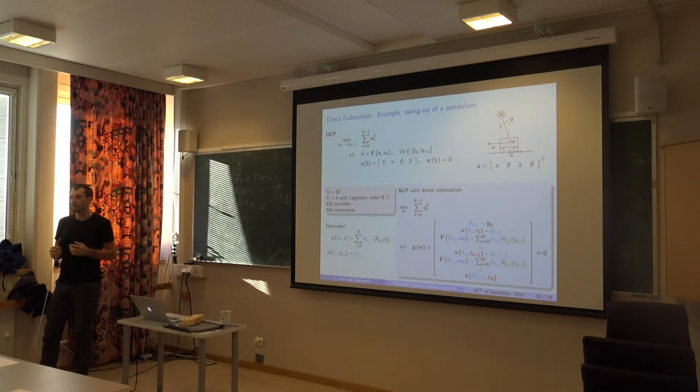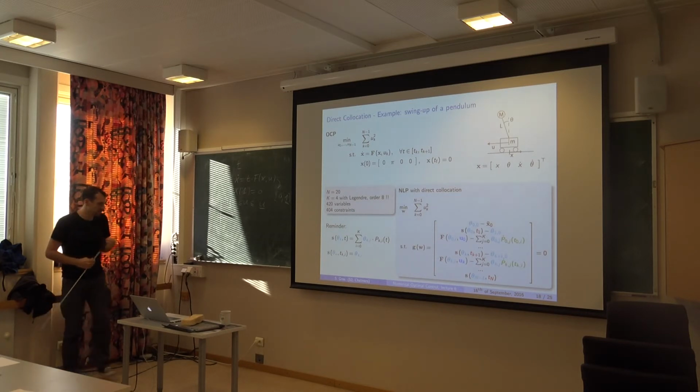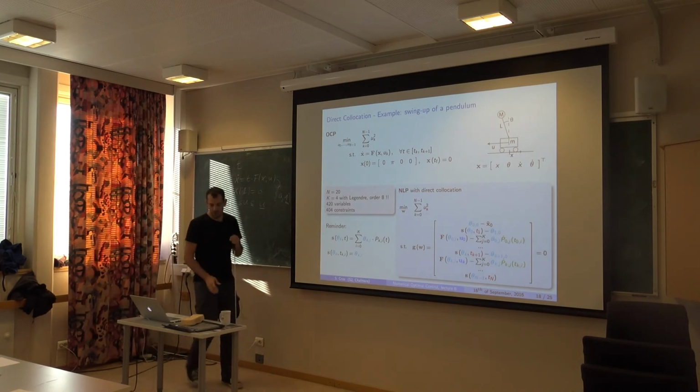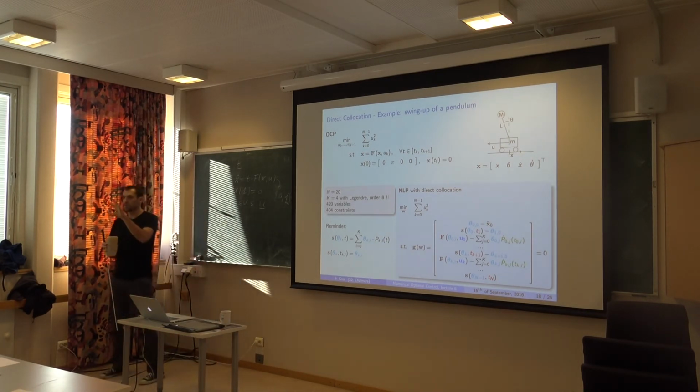And then check if the problem is well defined. In practice, when you do optimization, optimal control, what happens most of the time is, you write the model, you write the constraints and the cost function, you put that in the computer, it solves your problem, and the solution you get has nothing to do with what you expected.